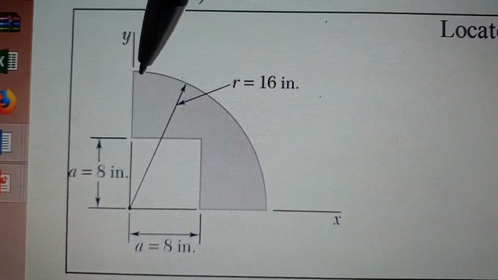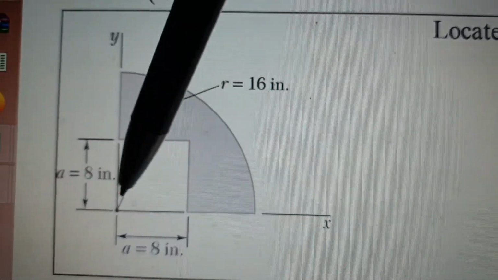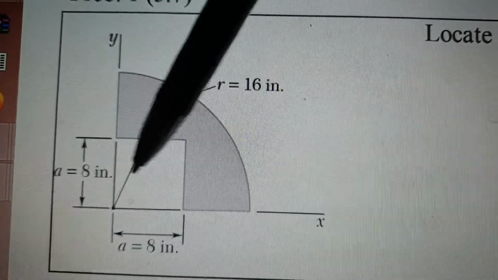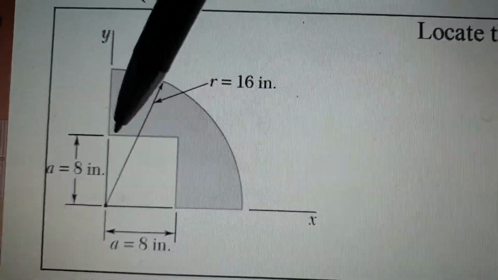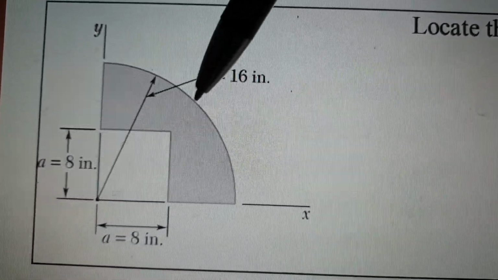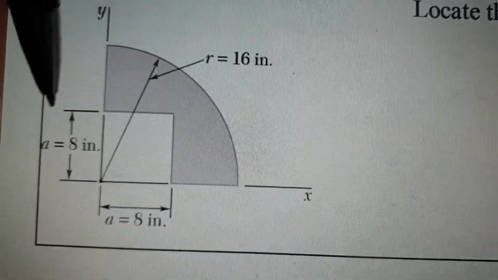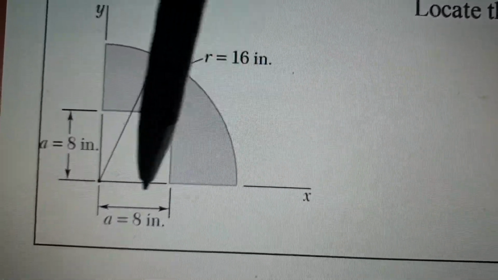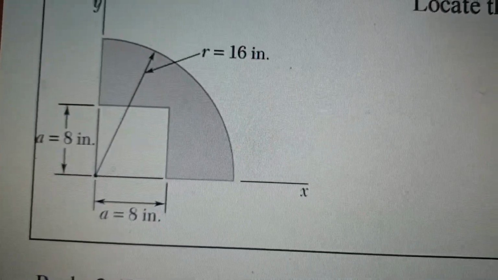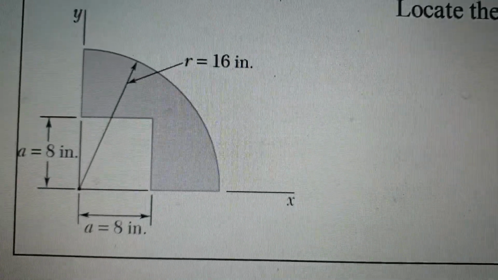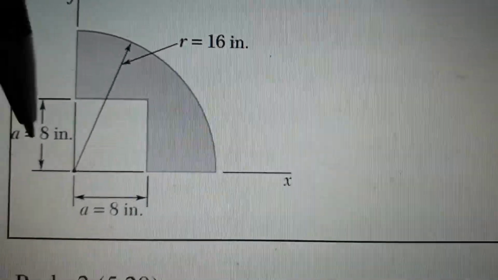The way we do it here, we should first account for the whole 1/4 circle, take it as one big 1/4 circle, and minus this open space, because this is an open space. This shaded place is solid. This open space is a hole. So I'm going to take 1/4 of a circle minus this open space, because I want to find the centroid of this 1/4 of a circle minus this open space.